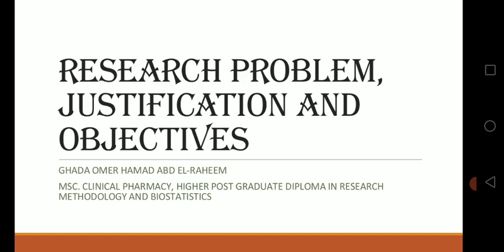We had in the previous lectures how to formulate the title, how to write the introduction of your research in the proposal, and how to write the literature review. Okay, so we will start with the research problem, how to write this section and the contents of the statement of the research problem.